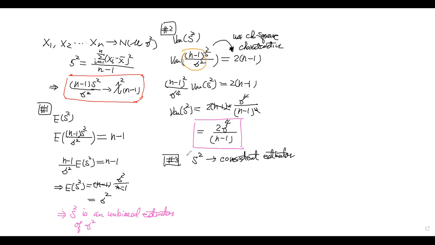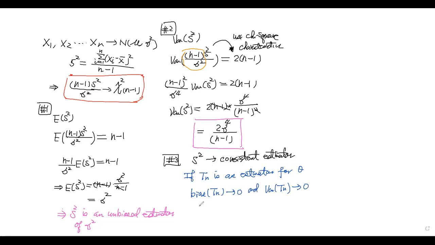So we know the theory tells us, if I have any estimator, let's say Tn is an estimator for some parameter theta, then in order to be consistent, the first thing is the bias of this estimator goes to 0, and the variance of this estimator goes to 0.